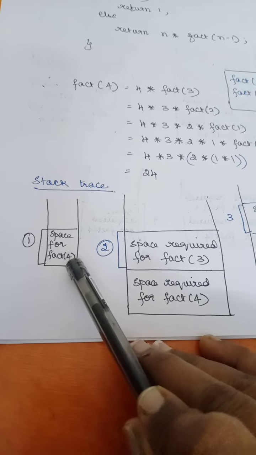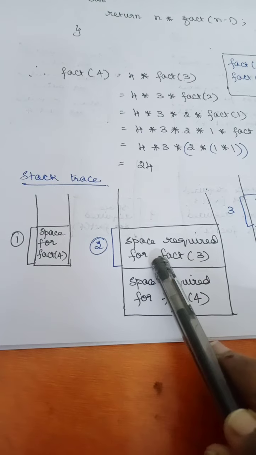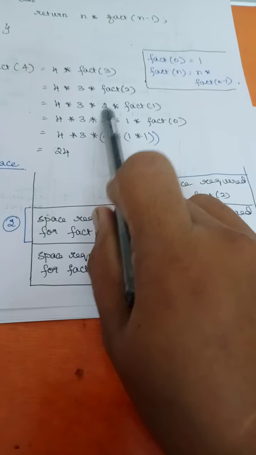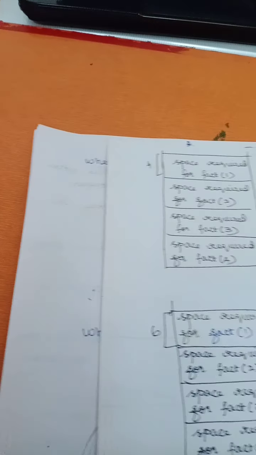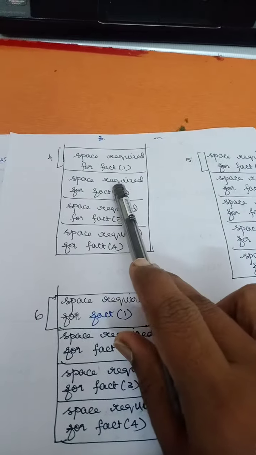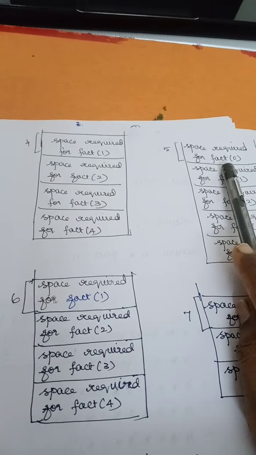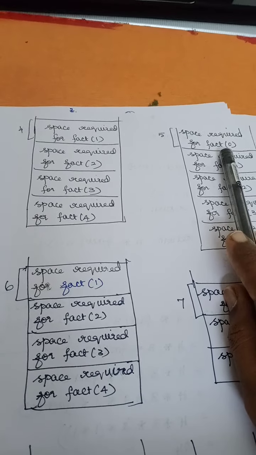And the 4 in turn is going to call fact 3. So in addition, I require space for calculating fact 3. Now 3 is going to call fact of 2. So again I require space for fact 2. Similarly I require it for fact 1. Similarly I require it for fact 0. Whenever I have 0, it is going to return 1.